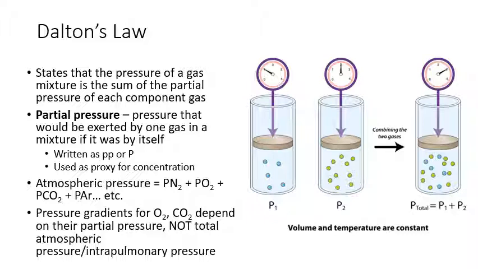So when oxygen enters the lungs during inspiration, that's not just because the atmospheric pressure is bigger than the intrapulmonary pressure. It's because the partial pressure of oxygen in the atmosphere is bigger than the partial pressure of oxygen in the lungs. That means that the pressure gradient for different gases in a mixture can be different depending on the partial pressures of those gases.